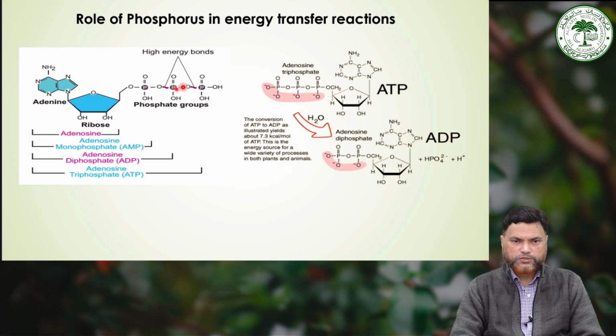Once these two bonds are broken down, a high amount of energy is released from the conversion of ATP into ADP. You see here how much energy is released, 7.3 kilocalorie per mole, by breaking this phosphoanhydride bond. These two bonds are the same, and this one is an ester bond. So basically this ATP molecule has one ester bond and two phosphoanhydride bonds.